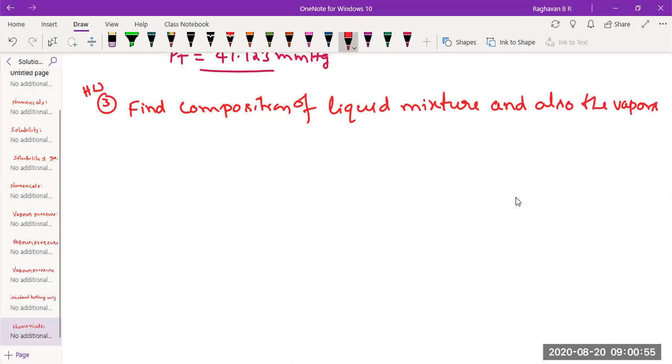That means you have to find the composition, mole fraction, you can say, of liquid mixture and also in the vapors.